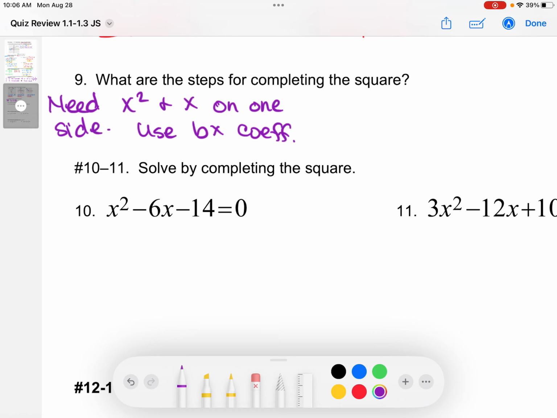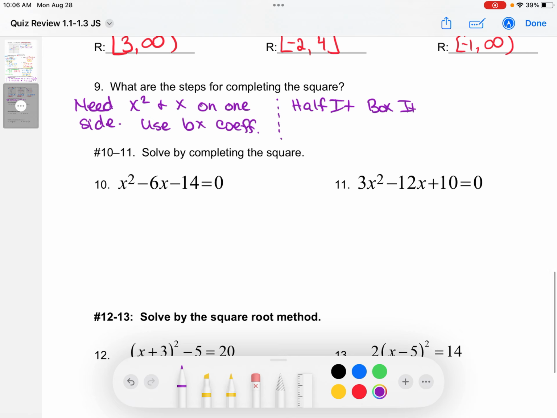Okay, and then to complete the square, we half it, box it, square it, and then we add it and undo it. Half it, box it, square it, add it, undo it.